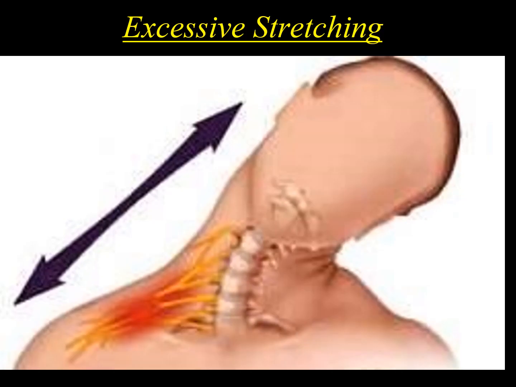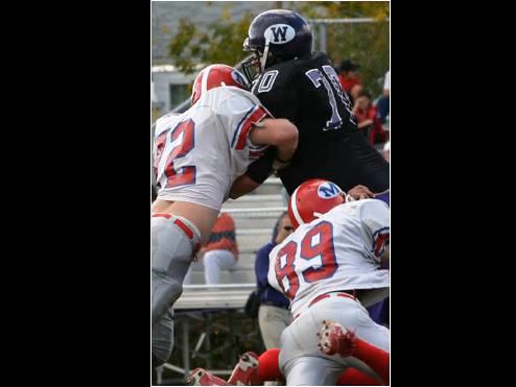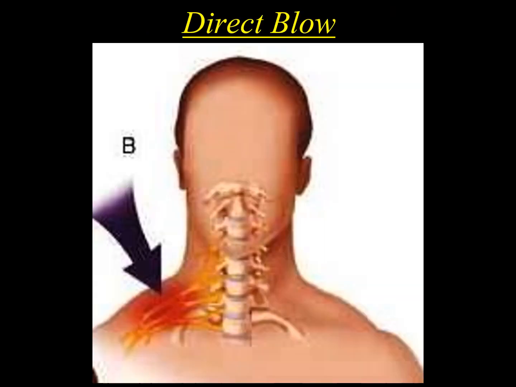This is another diagram, a direct blow to the brachial plexus by excessive stretching of the neck. Also the same overstretching of the shoulder, and even if there is no direct blow, a blow on the shoulder can cause injury to the brachial plexus.